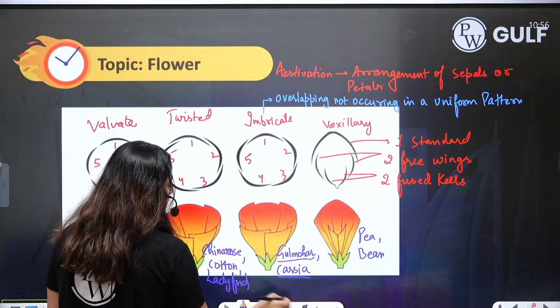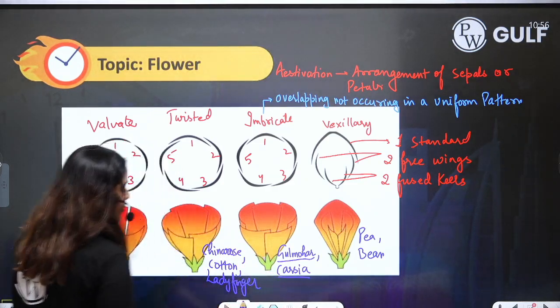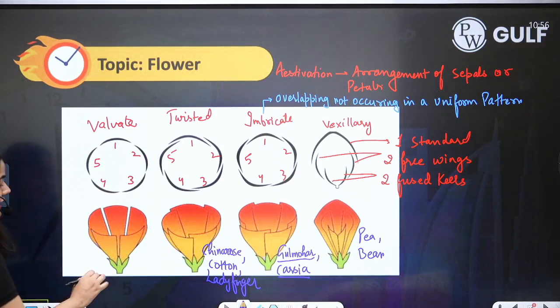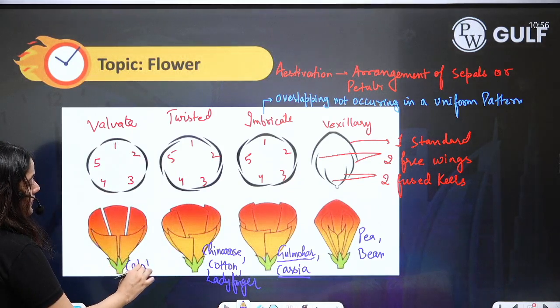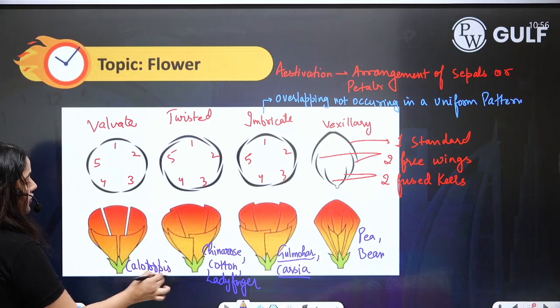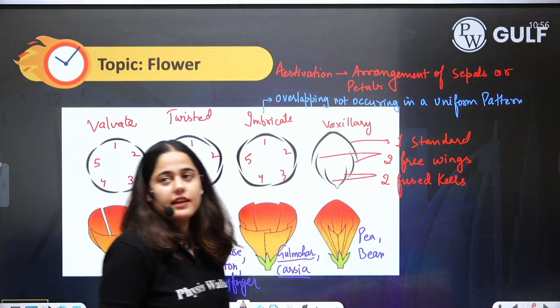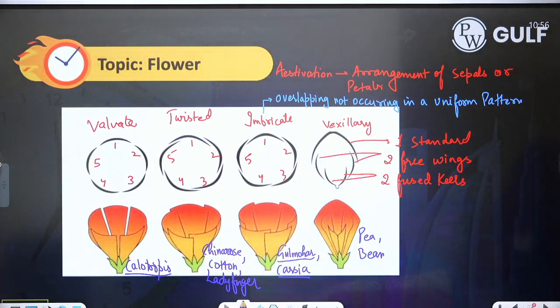Their flowers have twisted estivation. And the valvate example is calotropis. So the flowers of calotropis have valvate estivation. So these are the different types of estivation that you can see in a flower. Right? I hope this is clear to all of you.